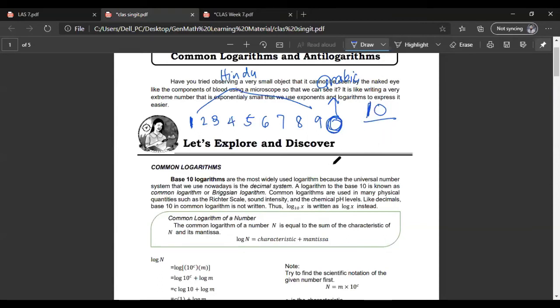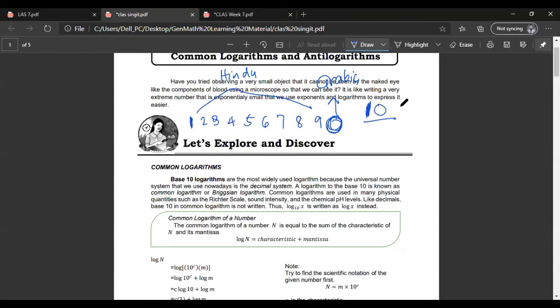Okay, kung papansinin nyo class, after ng 9, the next cycle na gagawin natin is 10 na. Yung meron na tayong two numbers na siya. And then, nagsa-start tayo sa 0 lagi. Kapag binilang natin yung mga numbers na merong 1, so that would be 10, 11, 12, 13, 14, 15, 16, 17, 18, 19.